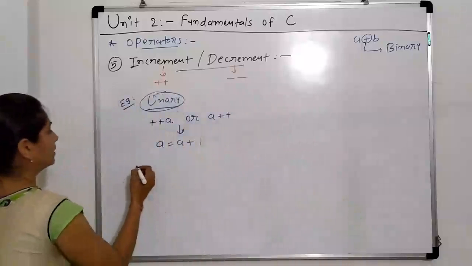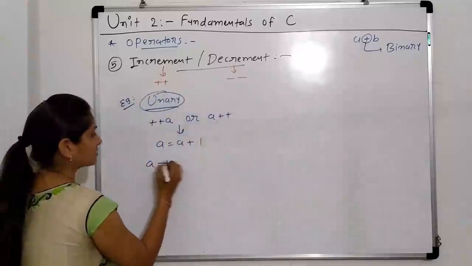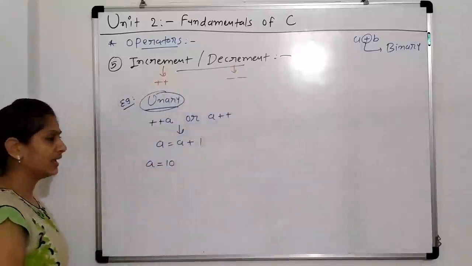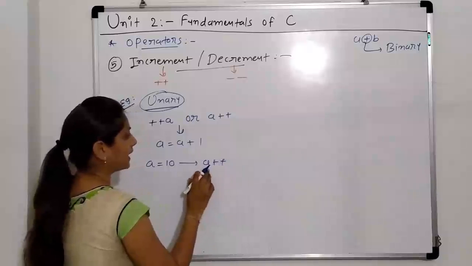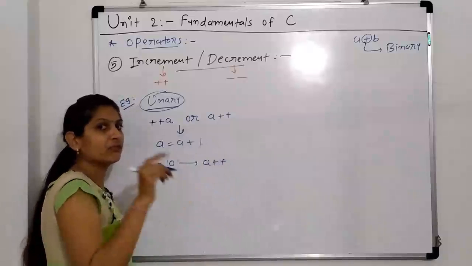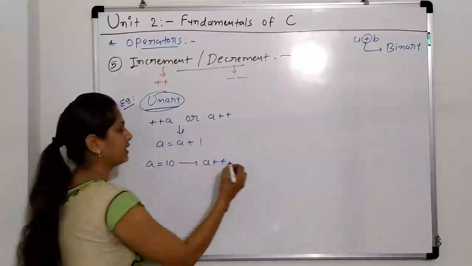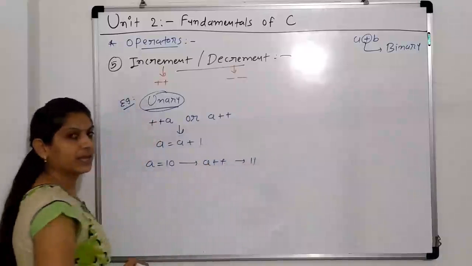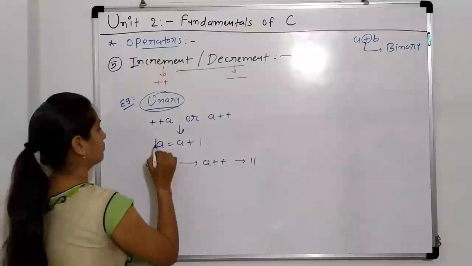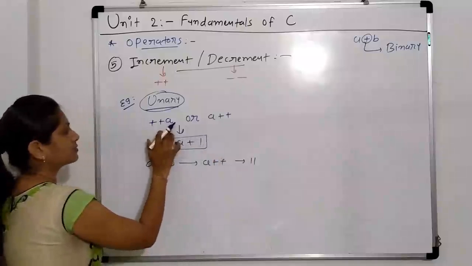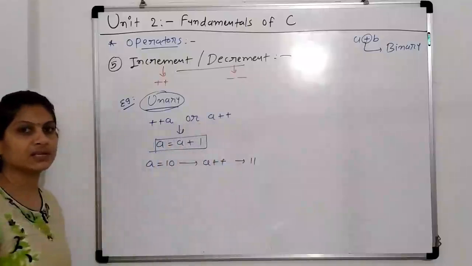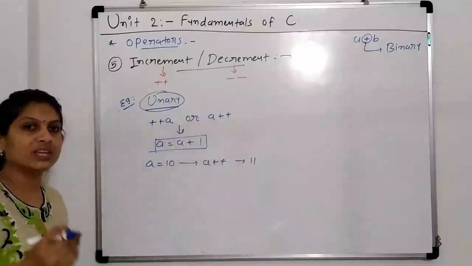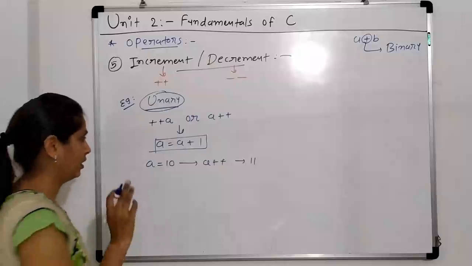For example, suppose a equals 10. And you are writing a plus plus, then a is incremented by 1 and becomes 11. A becomes 11 because the full form of plus plus a or a plus plus is a equals a plus 1. Add 1 value into the original value.